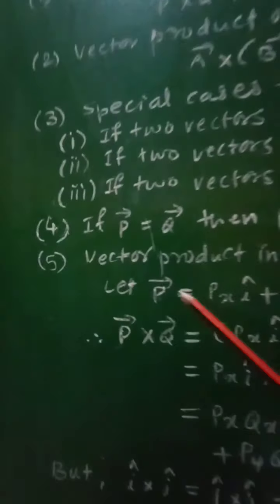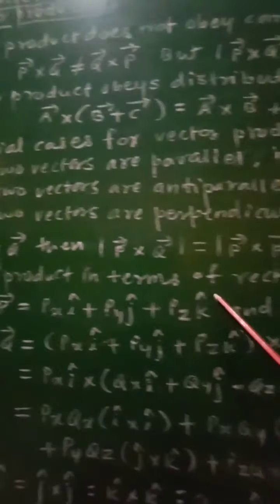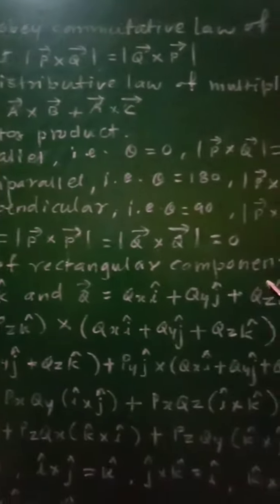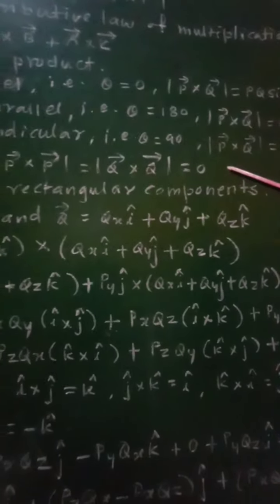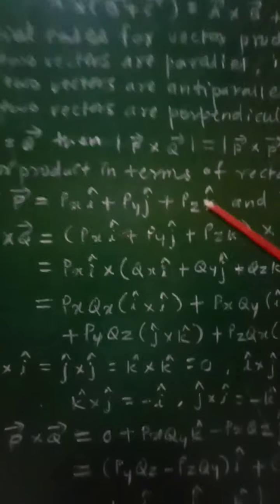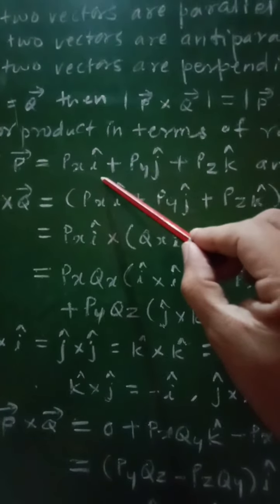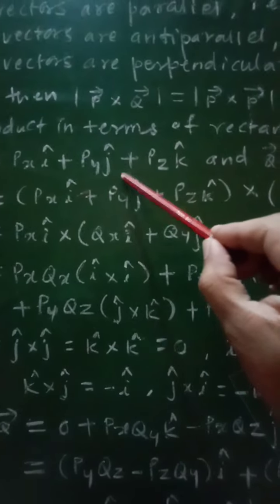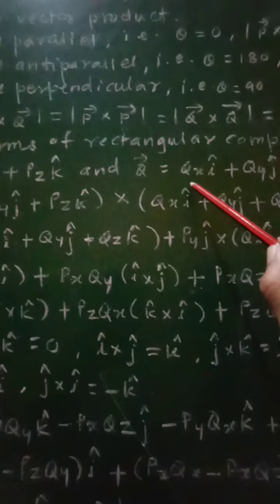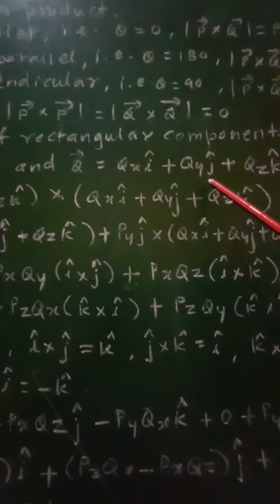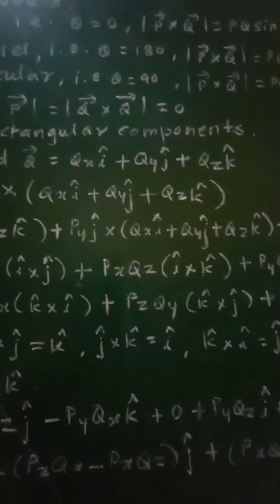Similarly, let us consider the next characteristic, the vector product in terms of rectangular components. Let vector p equal px i cap plus py j cap plus pz k cap, and vector q equal qx i cap plus qy j cap plus qz k cap.